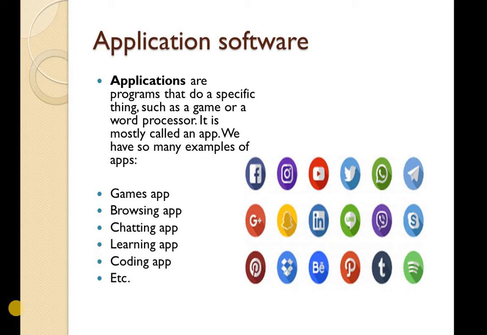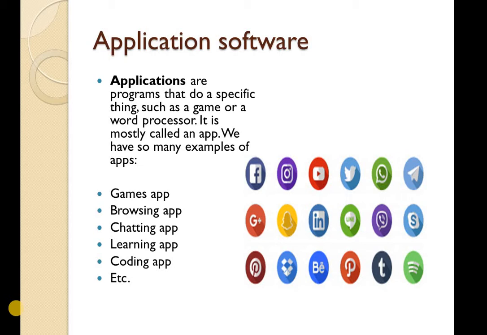Talking Angelo cannot be used for browsing, because the only work it is asked to do is playing games. Temple Run cannot be used to chat with friends, because the only work it is meant to do is for excitement and fun. So you see, an application software can do only a specific task.